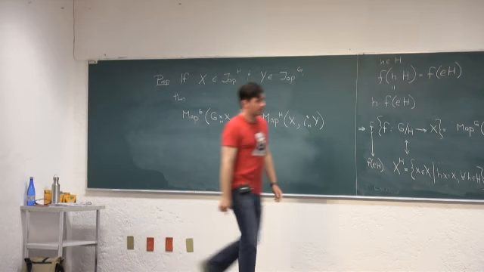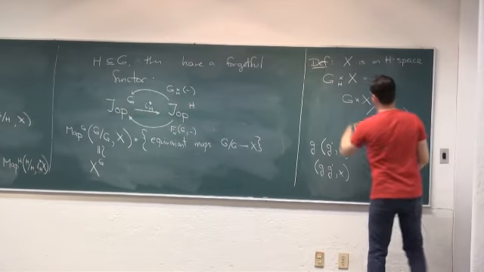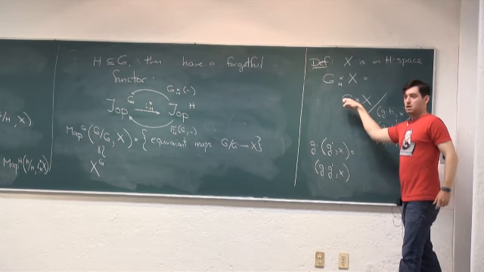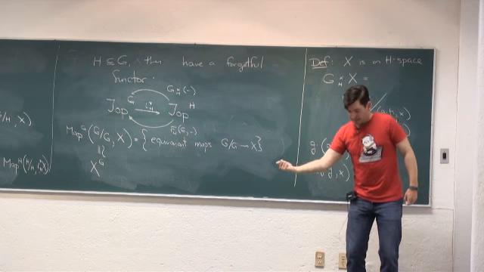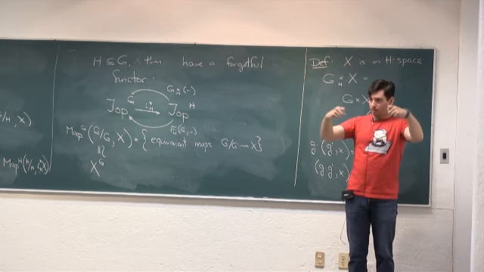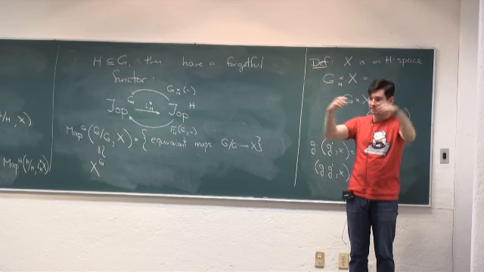And then it was important here that G, in this case, acts on itself on the left. H was acting on the right. So I can either act on the left and then on the right, or act on the right and then on the left, and I get the same result. So in other words, by acting on two different sides, the two actions commute.